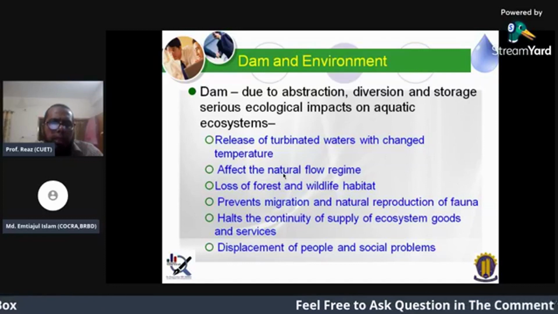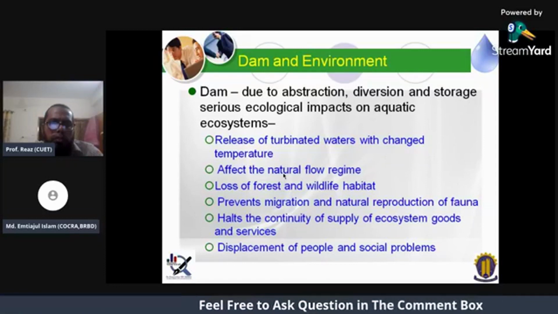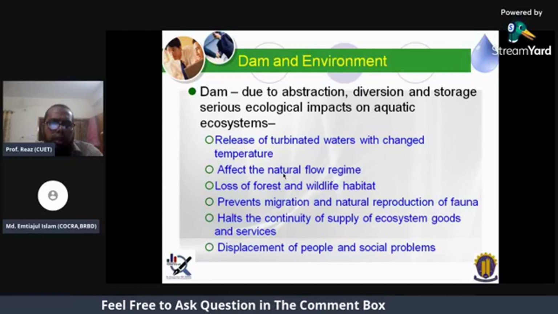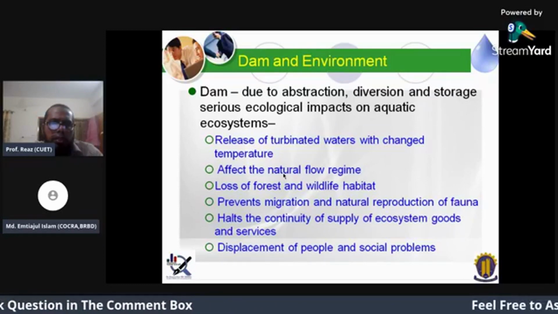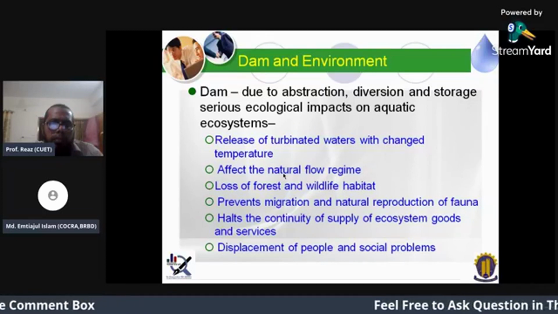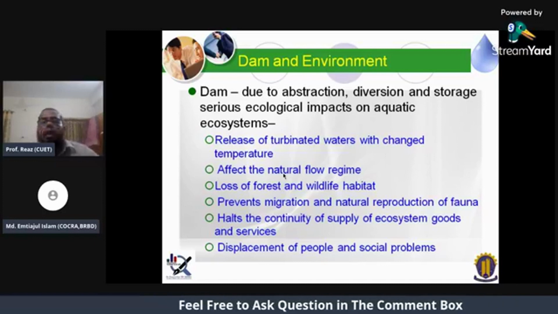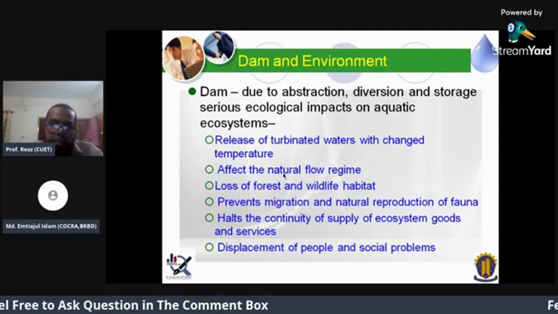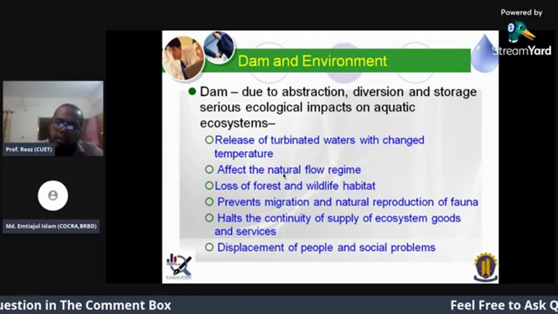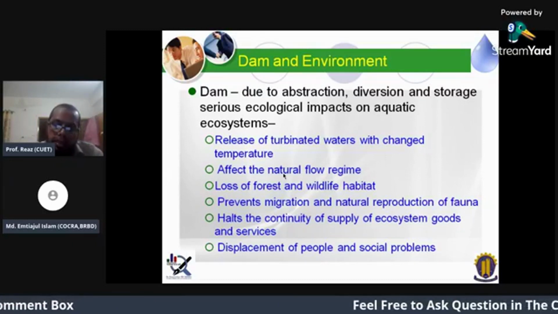It prevents the migration and natural reproduction of fauna in the rivers. It halts the continuity of supply of ecosystem goods and services, and causes displacement of people and social problems. In fact, in the Kaptai Dam, thousands of people were displaced in 1965 or 66, around the 60s.